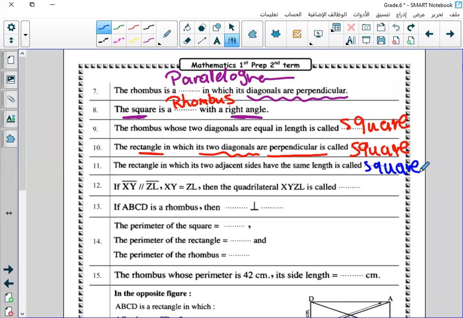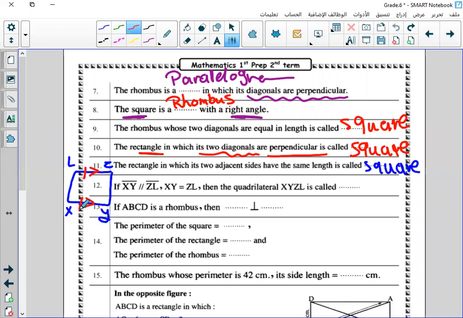XY is parallel to ZL and XY equals ZL. Then the quadrilateral XYZL is called, okay, if we have X, Y, Z, L and XY parallel to LZ and equal to it, then this quadrilateral is called what?